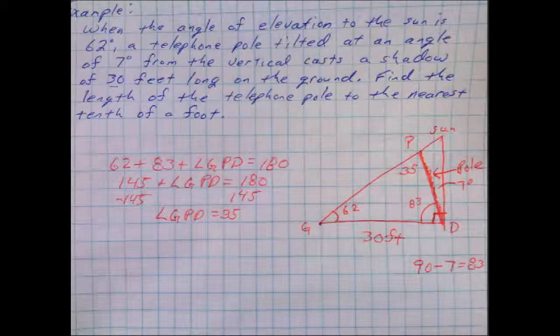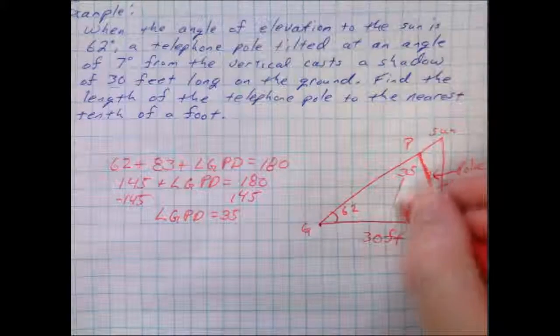Okay. Since we know the measure of two angles of the triangle, GPD and GDP, and the length of the side opposite one of the angles, GD, we can use our law of sines to find the length of the pole. So we have this one goes with this one.